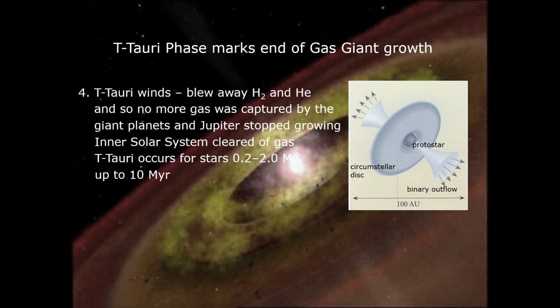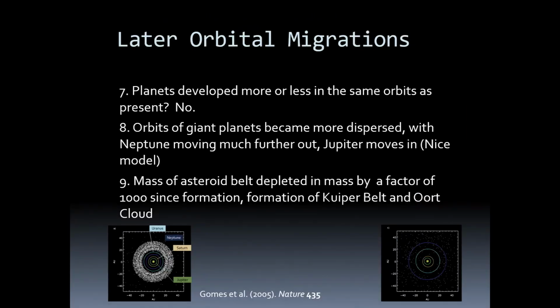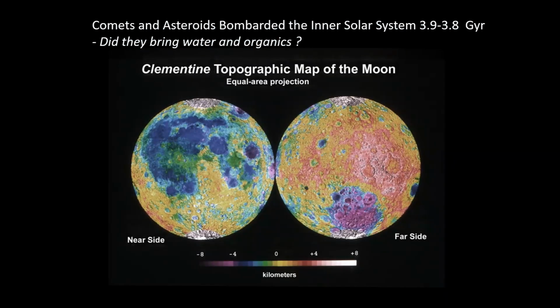Okay, this was switched off by T-Tauri winds within 10 million years as all that accreting hydrogen and helium was blown out. We're getting a little bit beyond my brief here, but just to point out, and I think perhaps we'll hear later this afternoon from Sarah Russell, that this feeds into models like the Nice model for the change in planetary orbits and the dispersal of the original thick proto-planetesimal belt to today's situation.